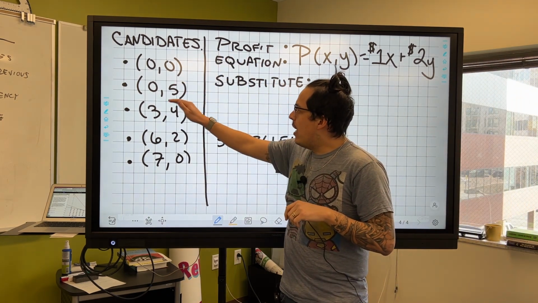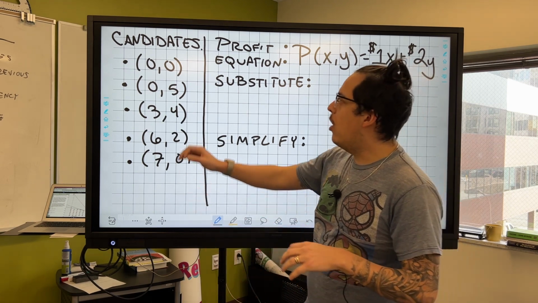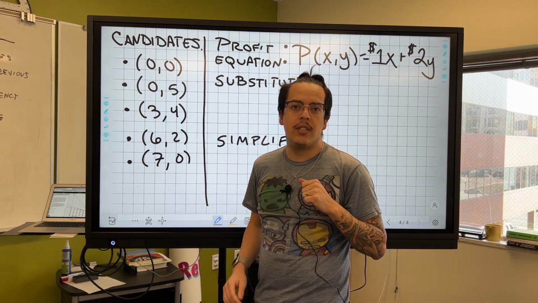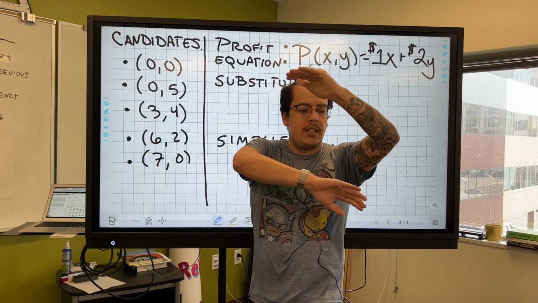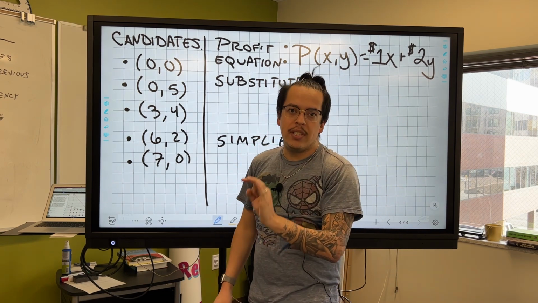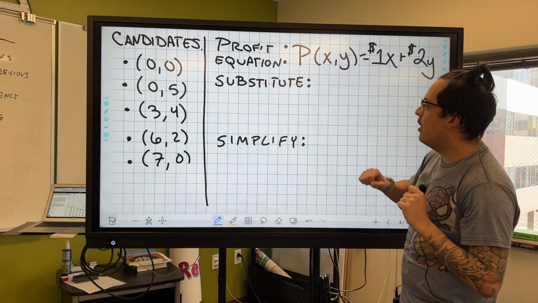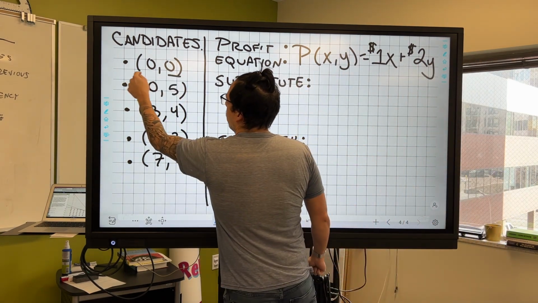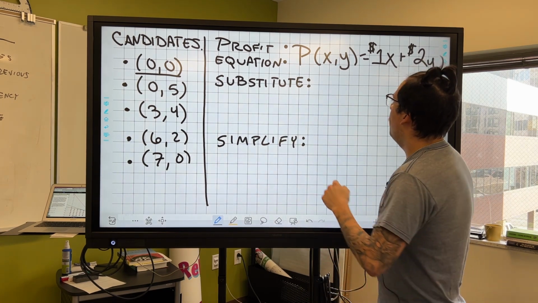We're working with the same 5 candidate points, and that's because those are the intersections of our system of equations, our smallest y-intercept, our smallest x-intercept, and the point 0, 0. So let's begin to substitute. I'm going to start with the top of the list this time, 0, 0.